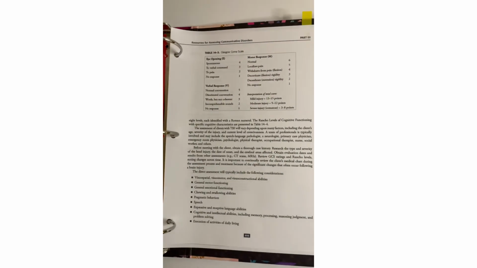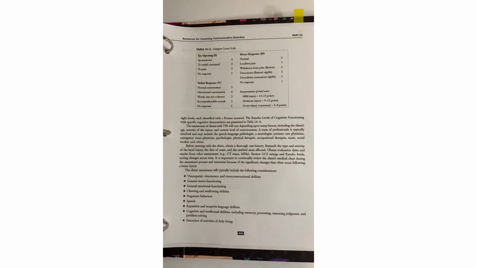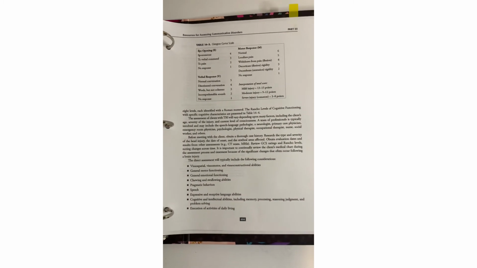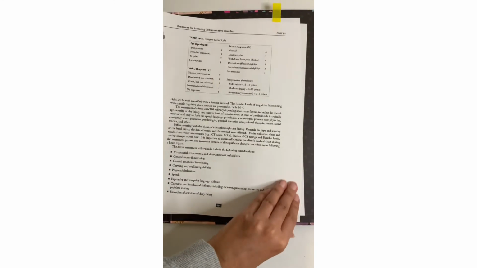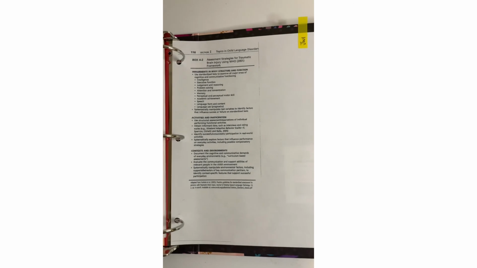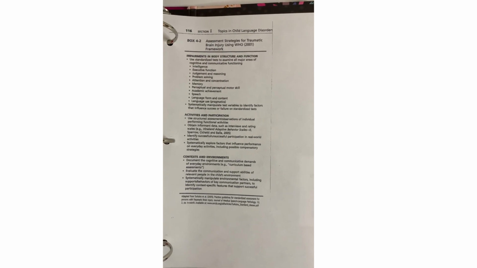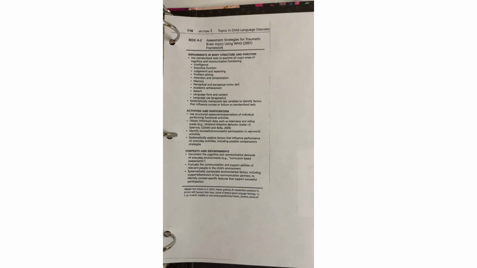And here we have Table 14-3 Glasgow Coma Scale, and here has the direct assessment considerations. And lastly, we have from JWL's class, topics in child language disorders, the assessment strategies for traumatic brain injury using the WHO framework.